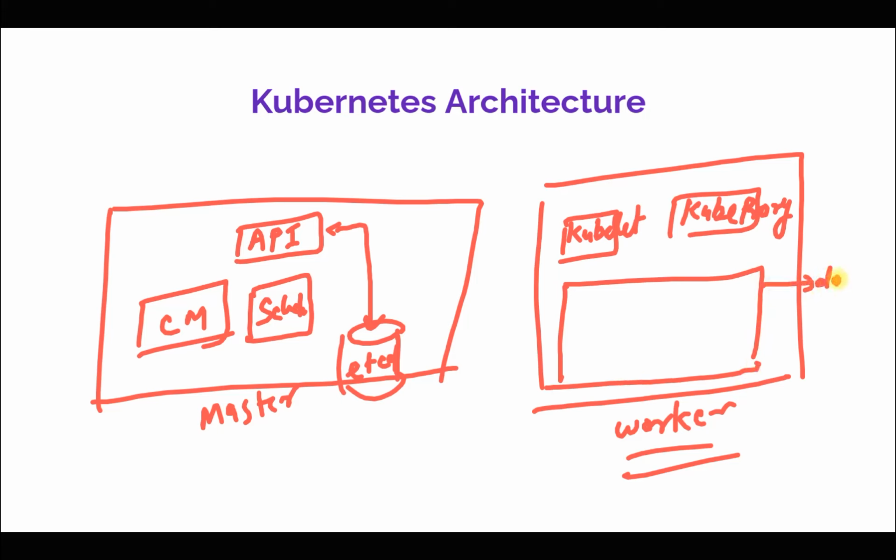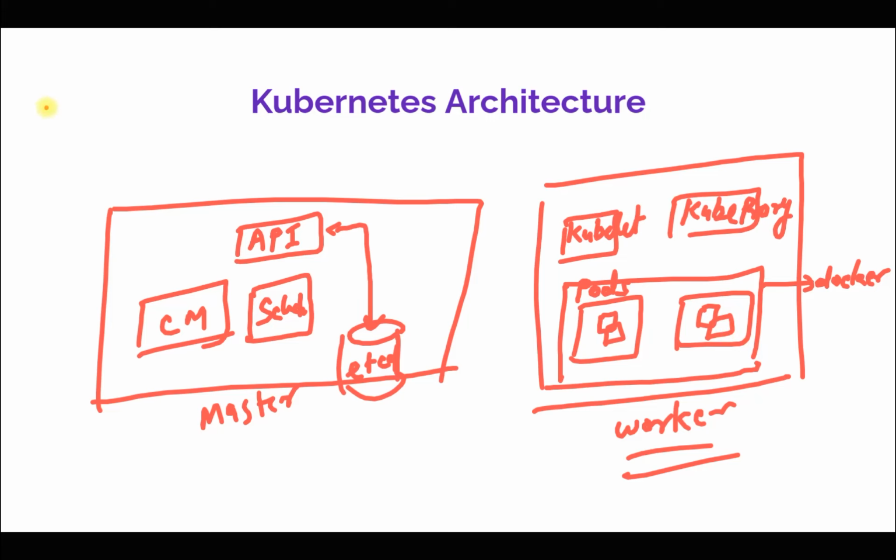Let's take the example of Docker here. Inside this host we have pods, and within each pod we are running some containers. This is how we draw our Kubernetes architecture.